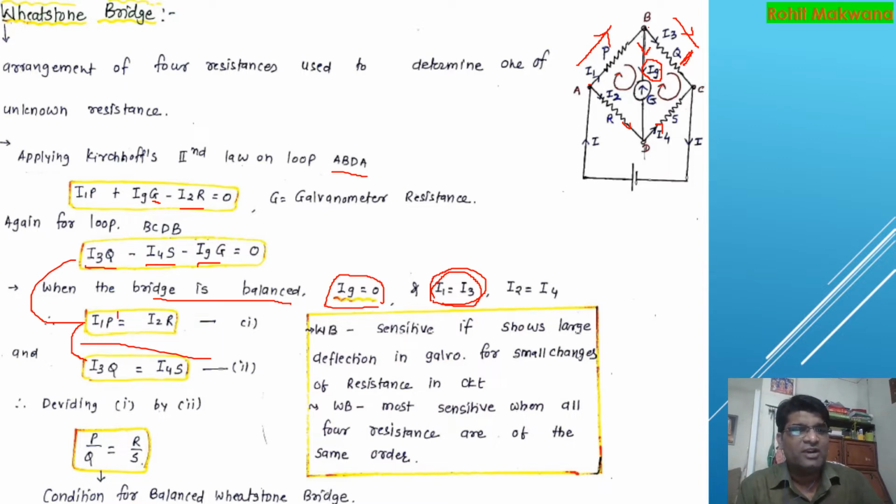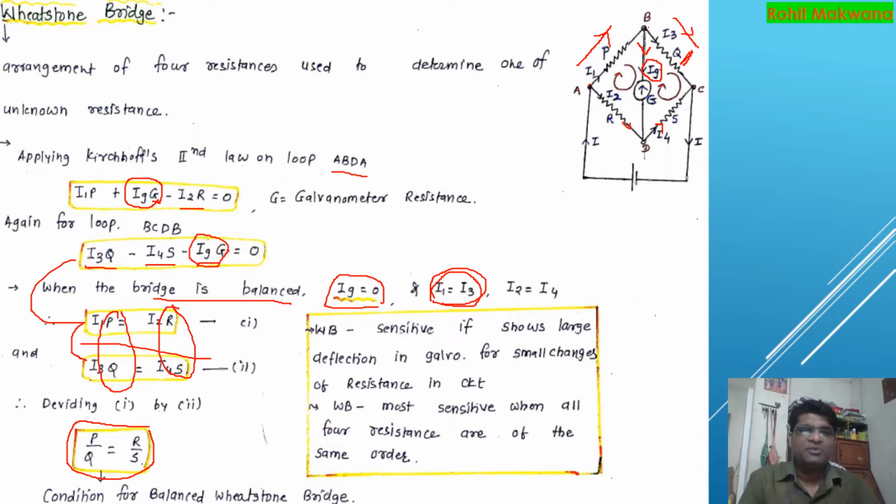So what we have ultimately is P by Q equal to R by S. So when you divide equation 1 by 2, you have ended up with this equation, and that equation is derived only when the bridge is balanced, and because all the terms of the galvanometer have disappeared. So there is no current passing through the galvanometer when the bridge is balanced.